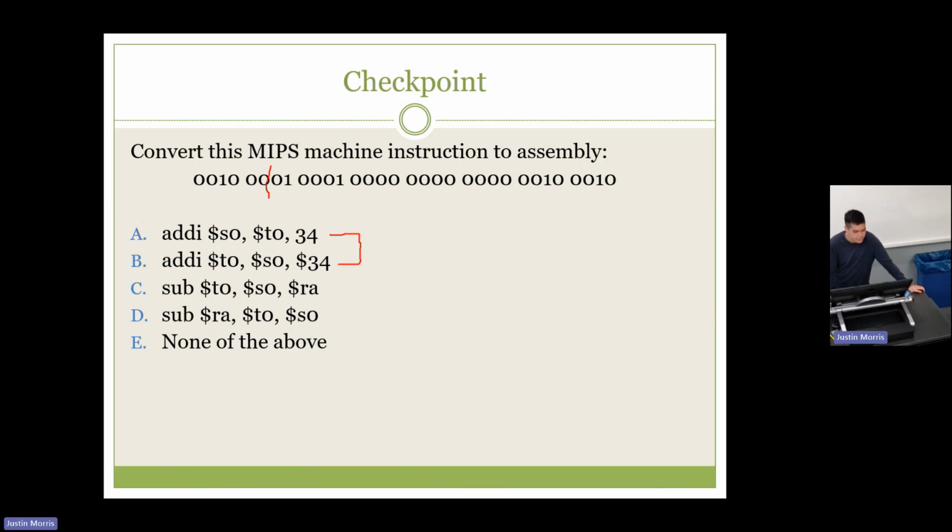If I convert this to text, which is what your sheet is in, this is 8. Right? So 8, if we look it up, it is indeed add immediate. And then because now we know it's the immediate instruction type, the next how many bits should I look at? 5 bits. So like this.